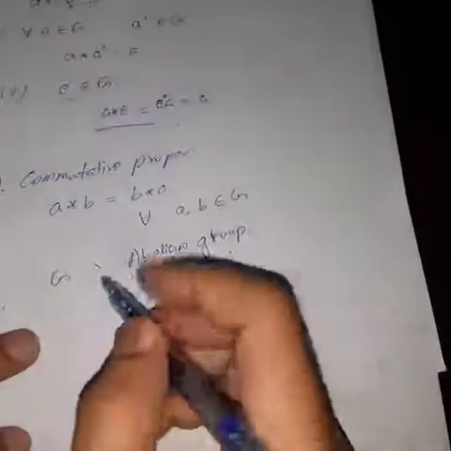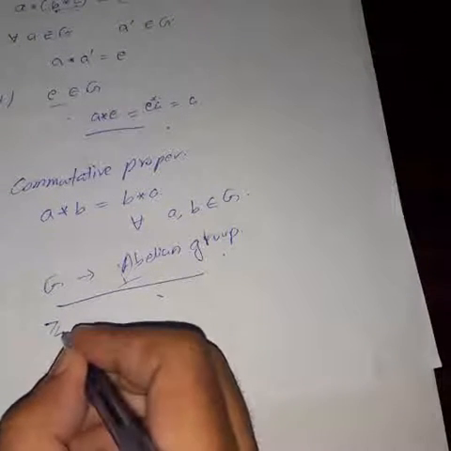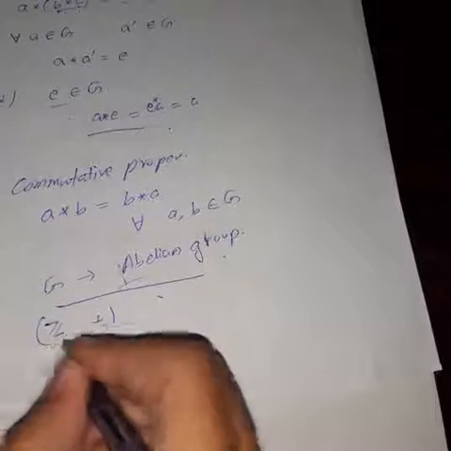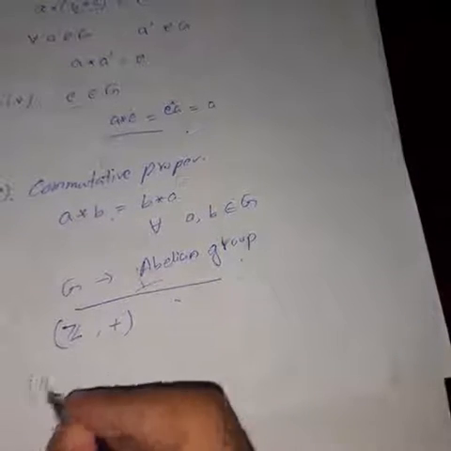Now we discuss some examples of group. Let's suppose the group of integers under addition. So the first property is clear.